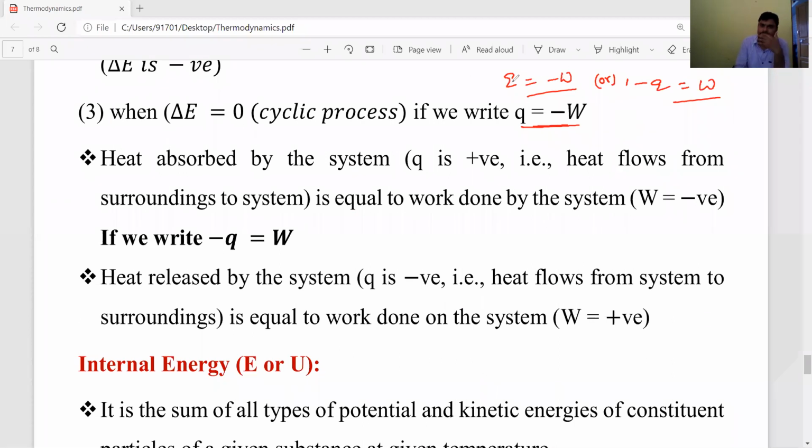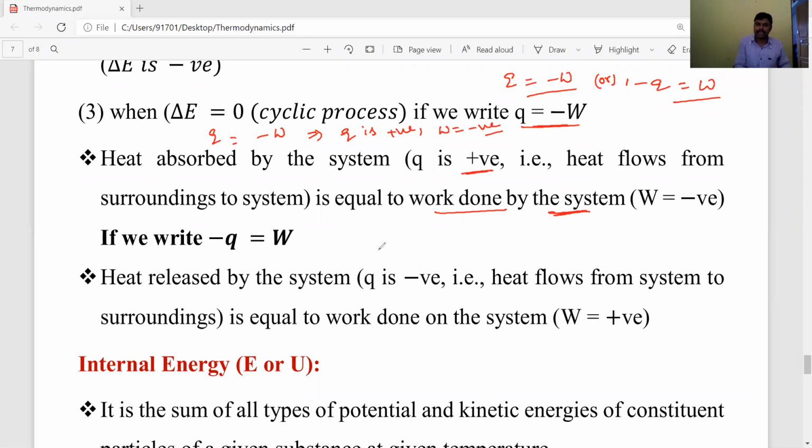Q is equal to minus W means if Q is positive, then work is negative. If Q is positive, the system is absorbing heat, then the heat absorbed by the system is equal to the work done, means work is negative means work done by the system.